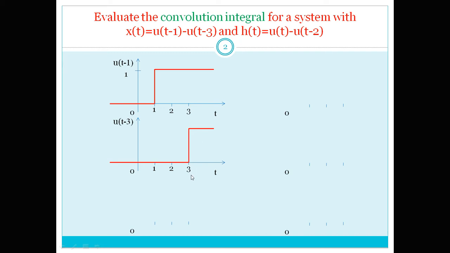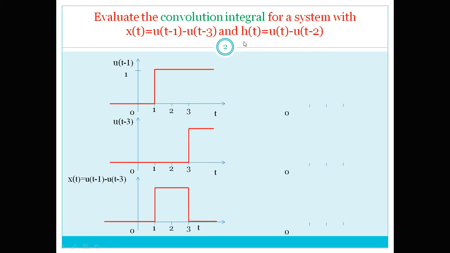So after t greater than 3 the value should be 0. So this is my final signal. Please try to get the concept, it's a very easy concept. From 1 to 3 the value is 1 minus 0, that will be 1. From 3 to infinity the value is 1 minus 1 and that will be 0. So this is the final x of t.